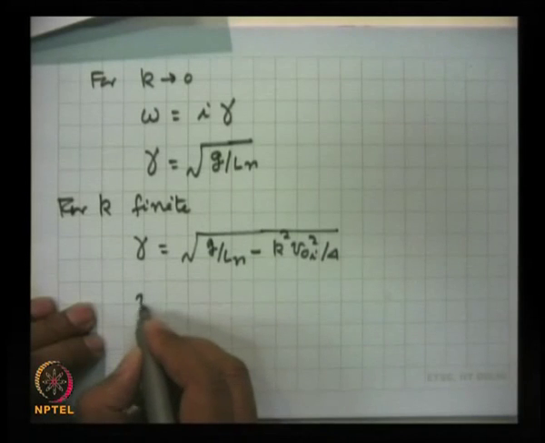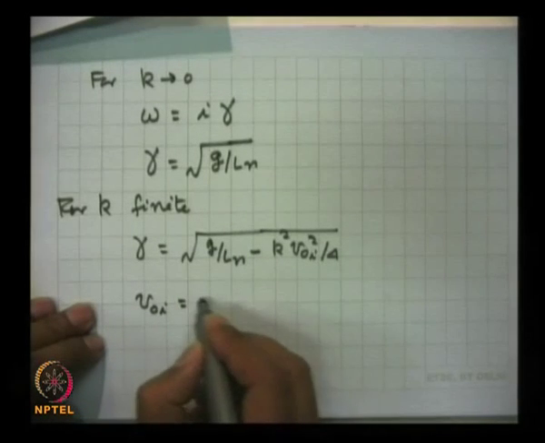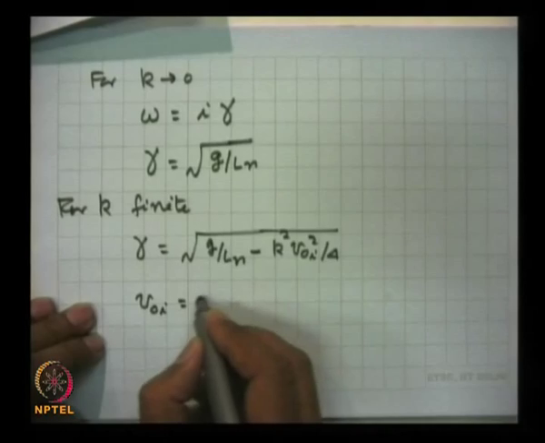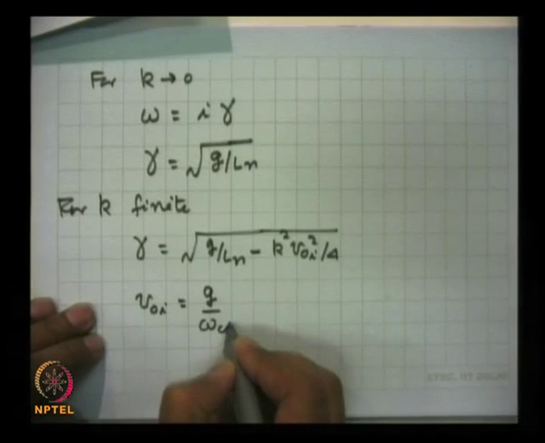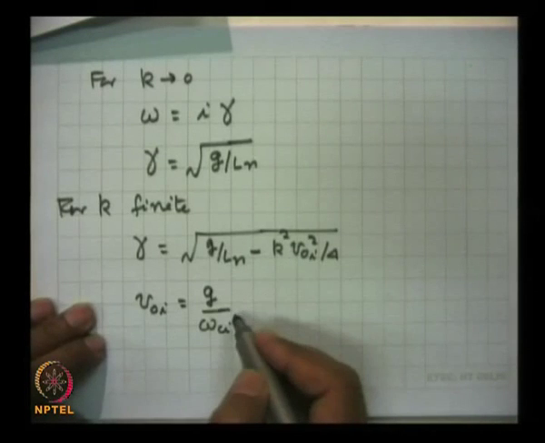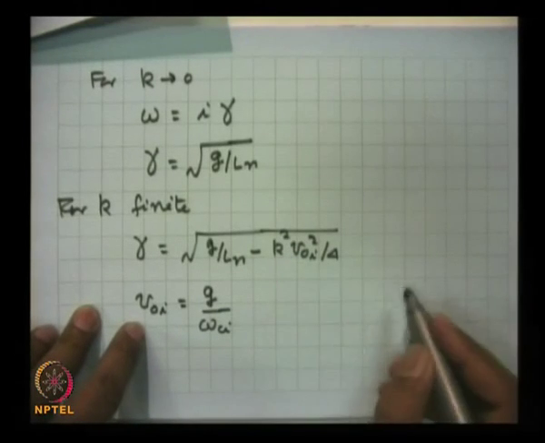And please remember, v0I is the ion drift velocity, which is equal to g upon omega ci. So this also depends on g, but k is the primary thing here.